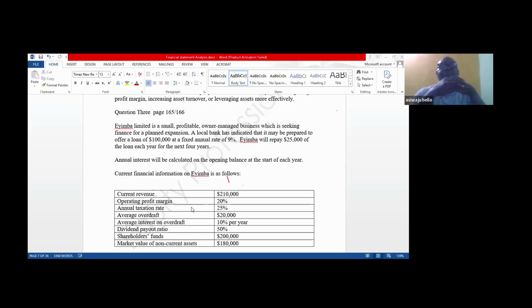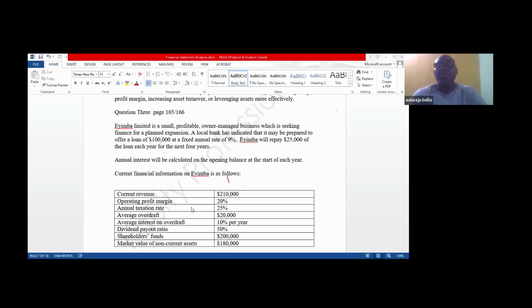Current financial information on Eyimba is as follows. Current revenue, $210,000. Operating profit margin.